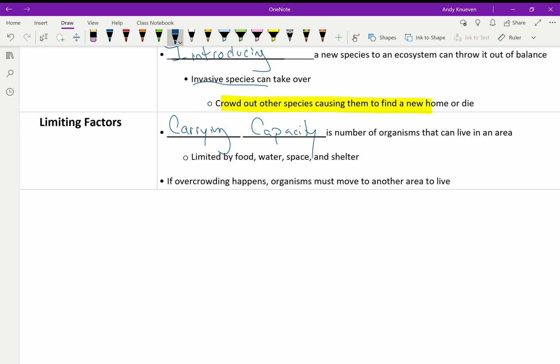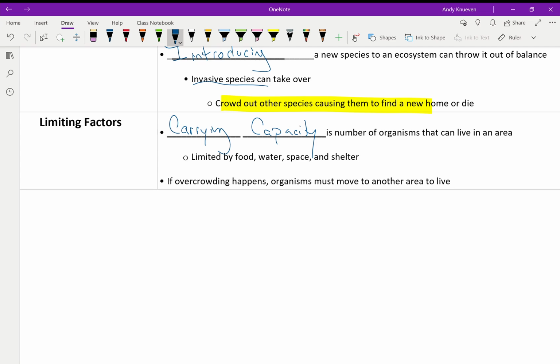The same concept applies to a habitat. The carrying capacity is the number of organisms that can live in an area. It's limited by the food, the water, the space, and the shelter in that space. So if overcrowding happens, organisms must move to another area to live. If they don't, they die out. Same thing. If I kept giving you books, you had to adjust to be able to hold them.